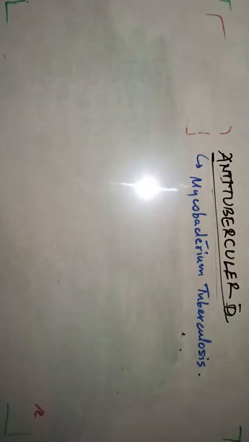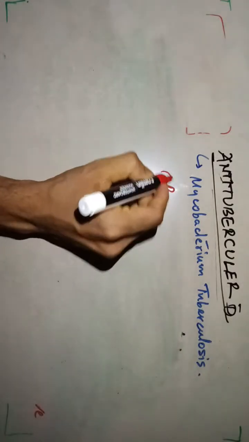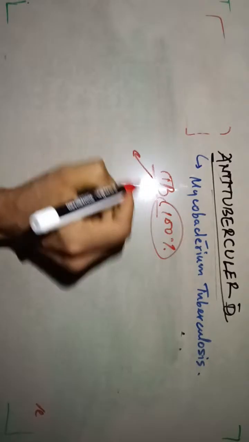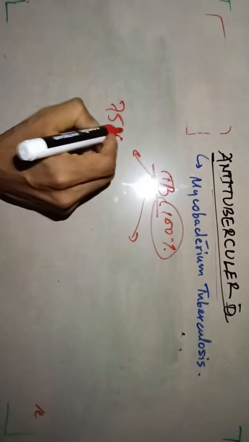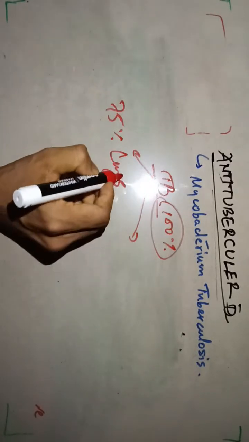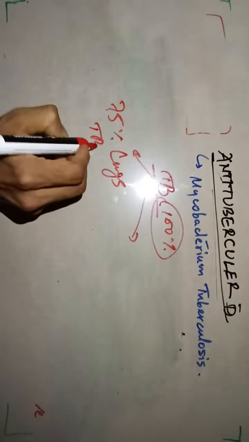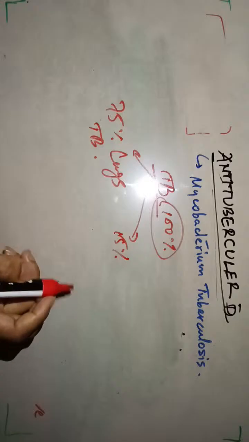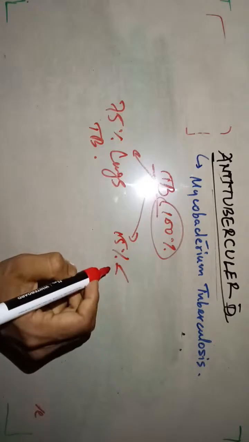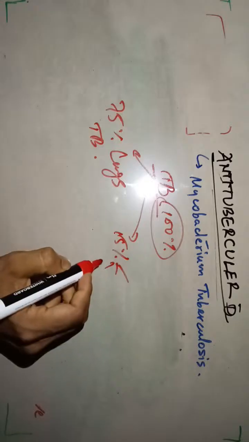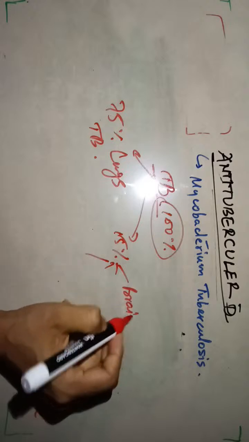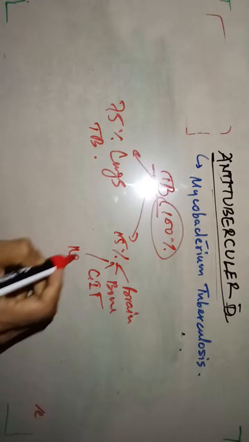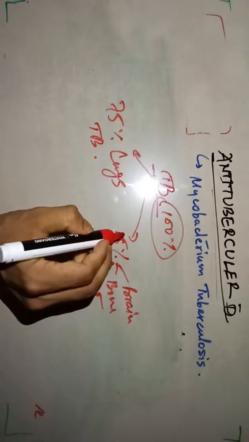Now, in the case of TB, out of 100%, 75% is caused in the lungs, and the remaining 15% are caused in brain, bone, GIT, and neuron.